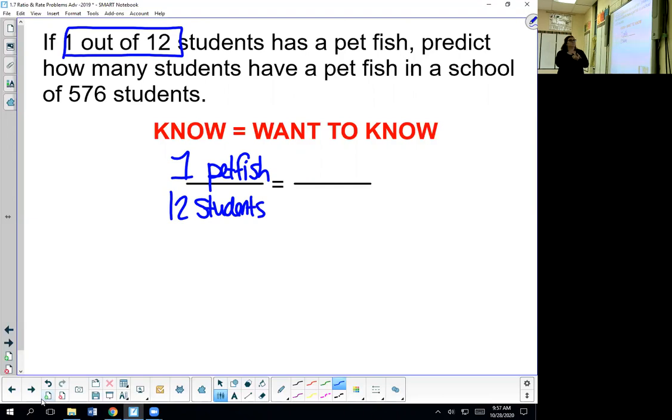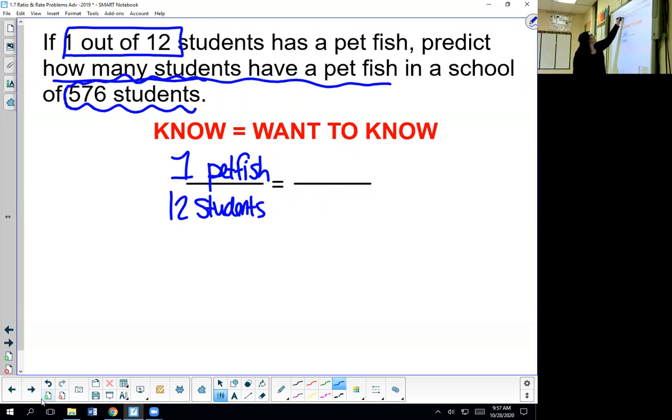That's what I know. That's what's given to me. So let's continue on. How many students have a pet fish in a school that has 576 students? So is that how many kids have a pet fish, or is that how many kids total? Hopefully you said total. That's how many students I know in all, the whole school.